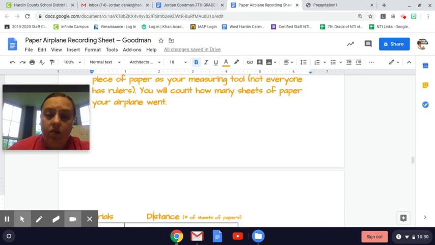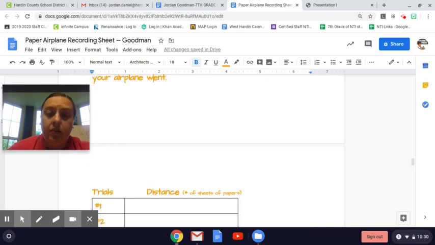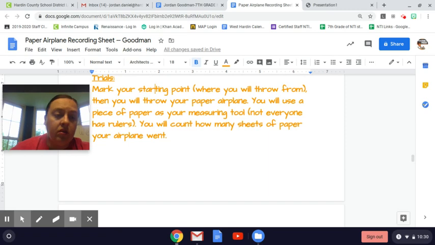Then you are going to use pieces of paper as your measuring tool because that's a lot more likely for someone to have at home instead of a tape measure or a yardstick. So you are going to use full pieces of paper, whether that be lined paper or copy paper. From your starting point, you're going to throw your paper airplane.